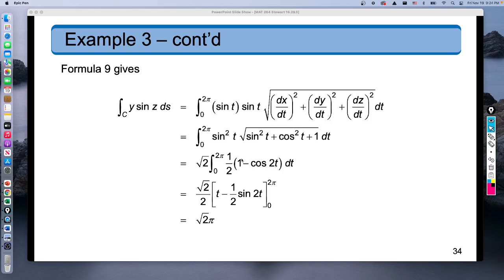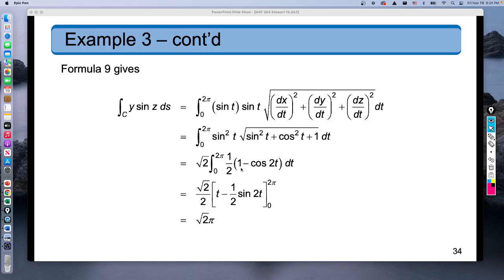When we integrate that, that integrates into t minus 1/2 sine of 2t.